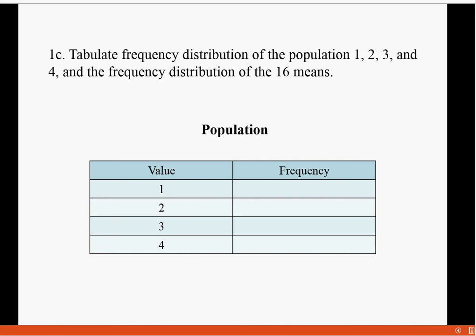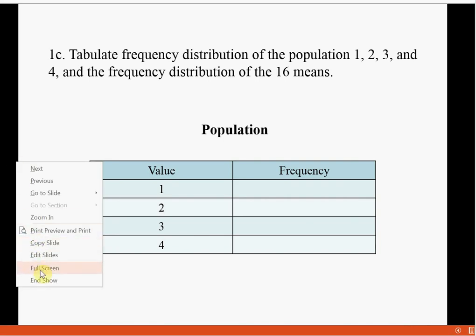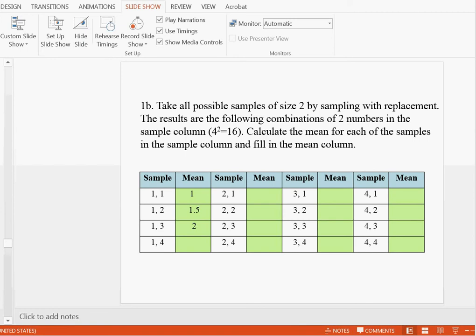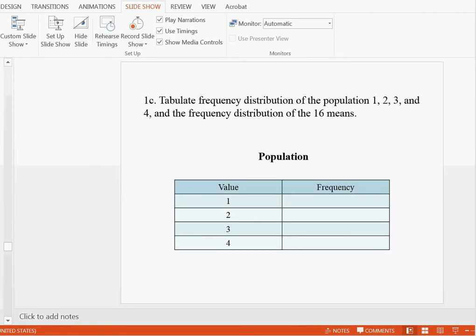How many times did 2 occur in the population, and so on. This question is not hard to answer. The population is simply 1, 2, 3, 4. Therefore, within 1, 2, 3, 4, how many times did 1 occur? 1 occurred 1 time. How many times did 2 occur? 2 occurred 1 time. And how many times did 3 occur? 1 time. And 4 also occurred only 1 time.